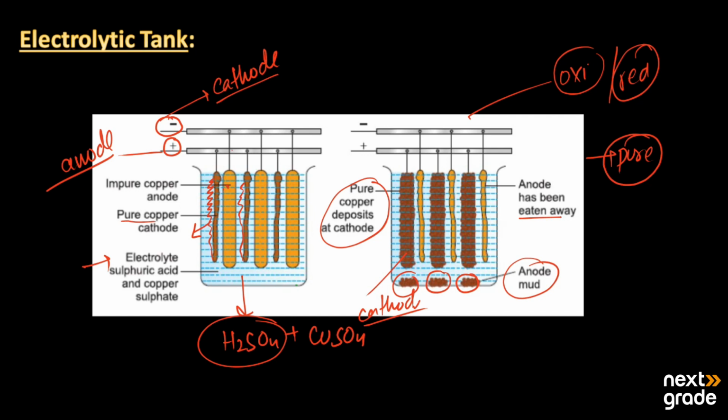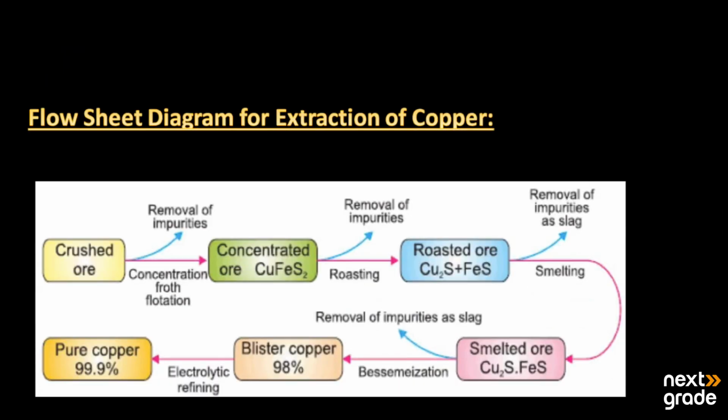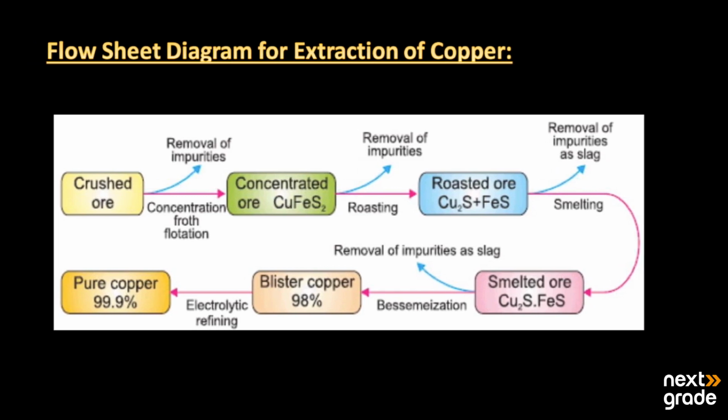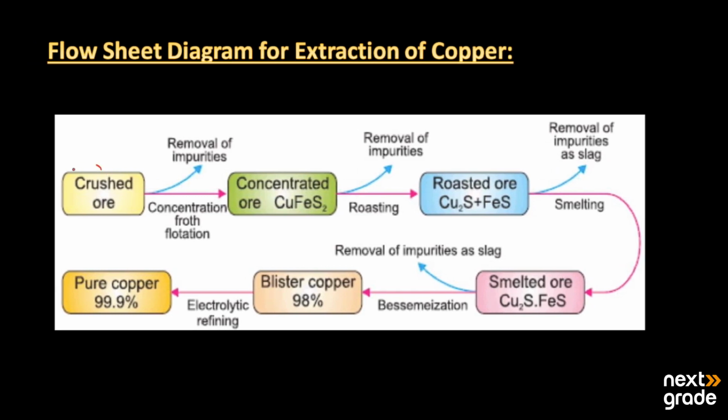In it we need an electrolytic cell in the form of an electrolytic tank. Now here we have the flow sheet diagram for the extraction of copper. It is just an overview of the complete process of how we can gain pure copper. Basically, first of all, we have the crushed ore, and we have to remove the impurities. For this purpose, we do the concentration to get the concentrated ore.